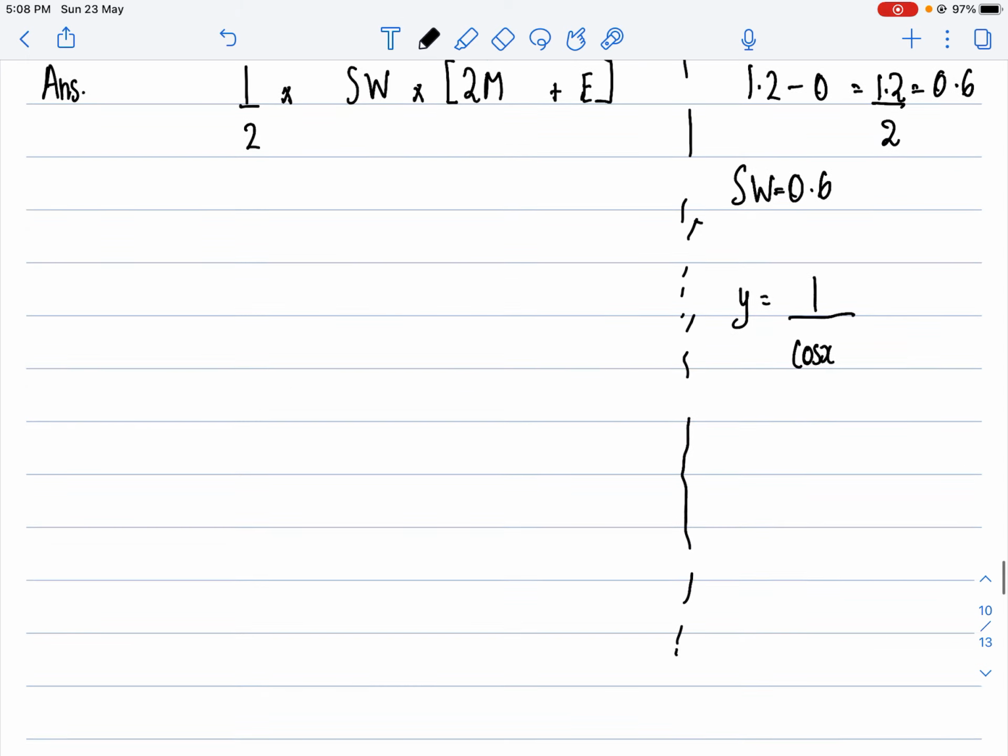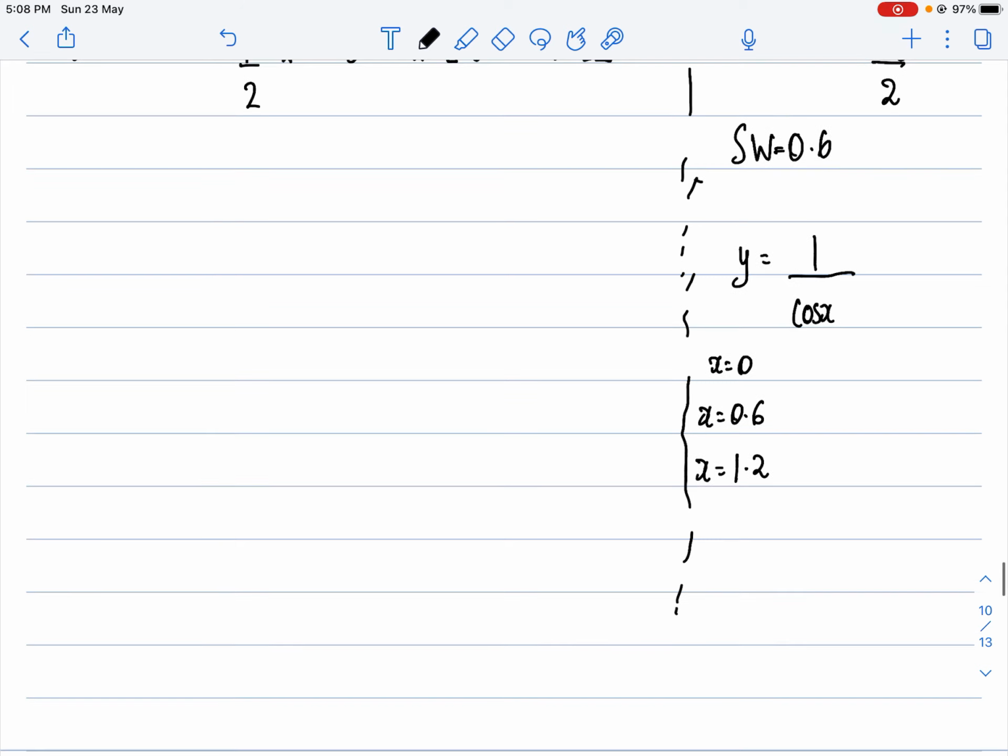So y equals 1 over cos 0, which gives me 1. Then 1 over cos of 0.6 gives me 1.2116. And 1 over cos of 1.2 gives me 2.7597.